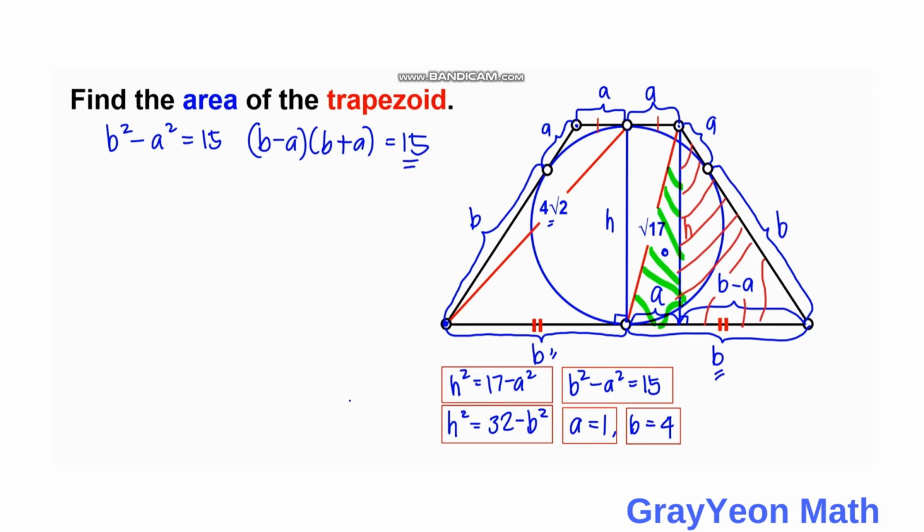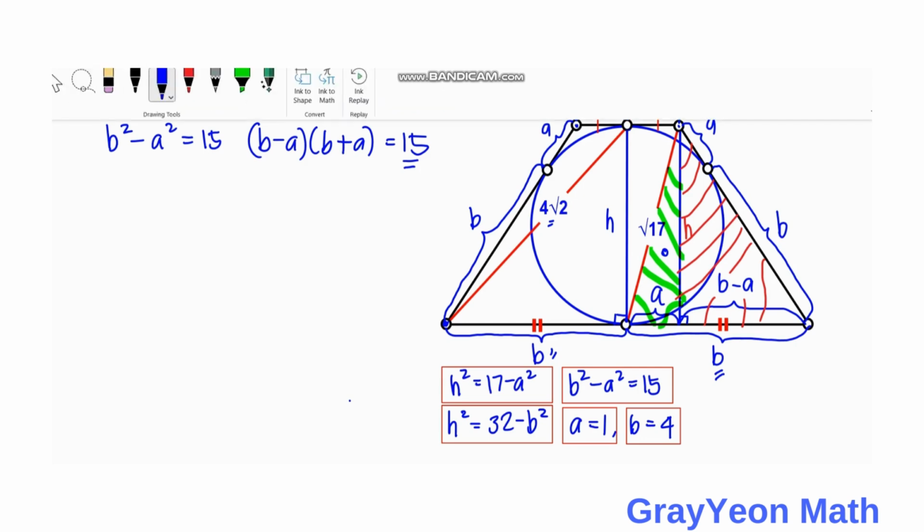Okay, so the only valid pair is a is equal to 1 and b is equal to 4. Next we use this to find the value of h.